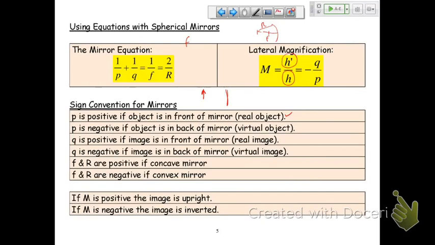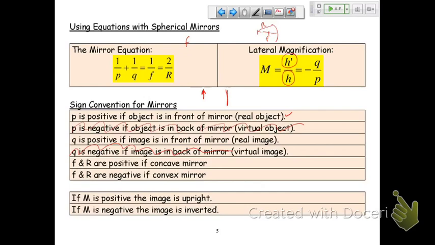I would not learn both of these. I would say if it's the opposite, it's going to be the opposite sign. So there's three things to remember. Q is positive if the image is in front of the mirror. That's where I expect the image to be, although sometimes it's not. And then the radius of the mirror, and so the focal length, is positive if it's concave.